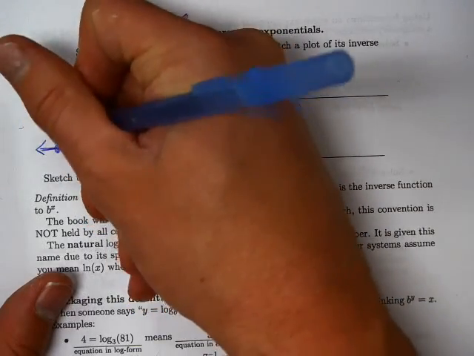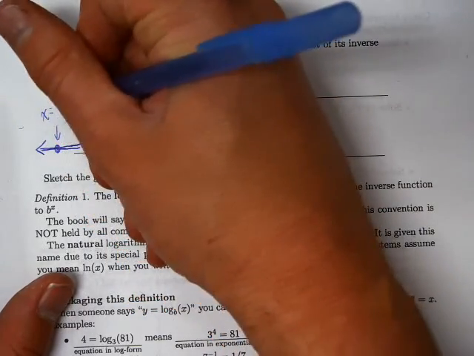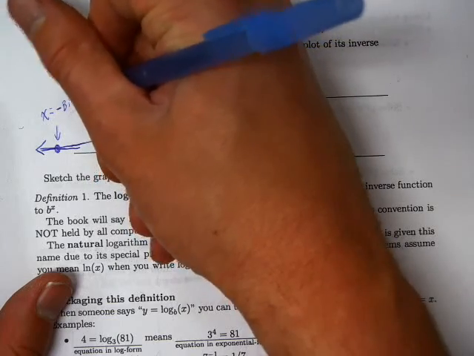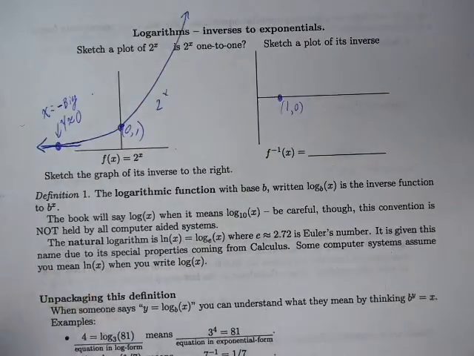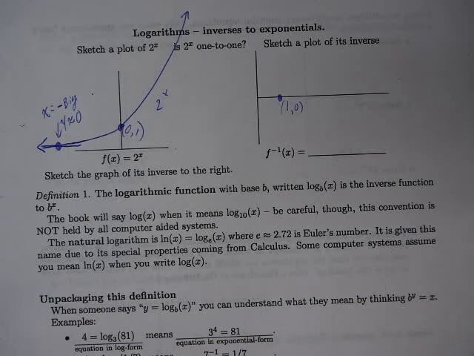I see points down here where x is a big negative number and y is pretty close to 0. When you plug in a really big negative number for x, 2 to a really big negative number is close to 0. So what point do we see on the inverse function?